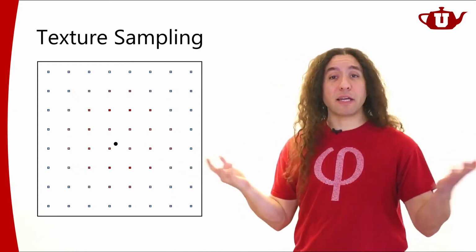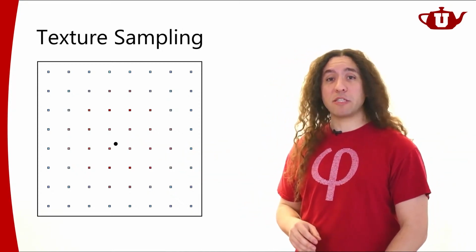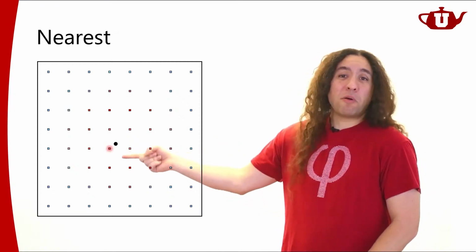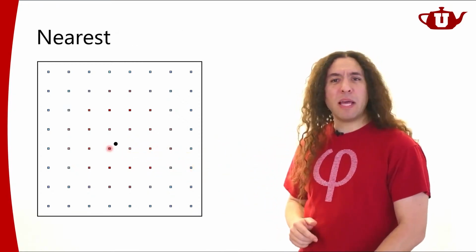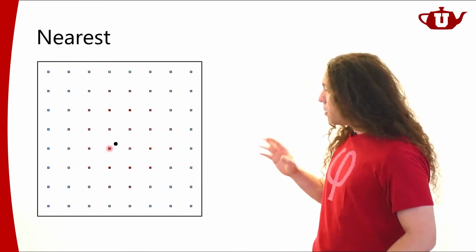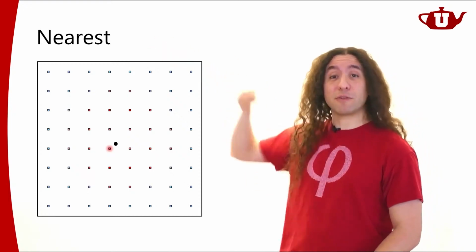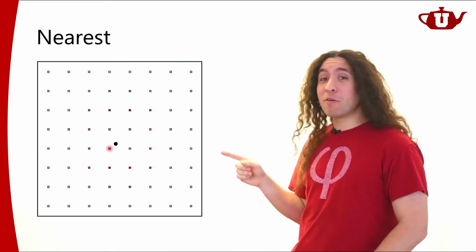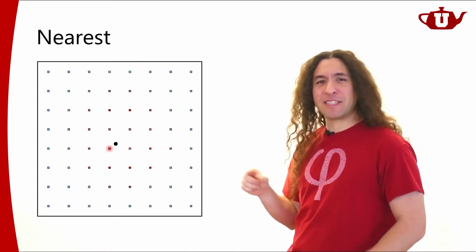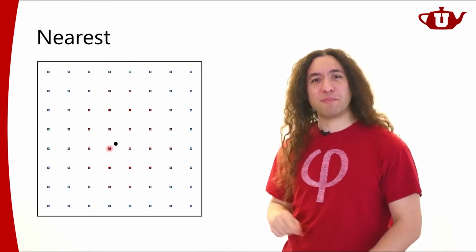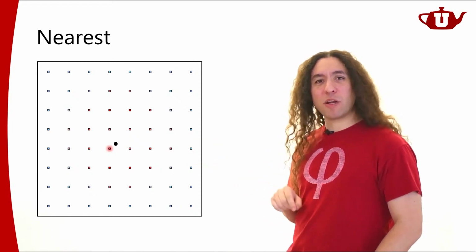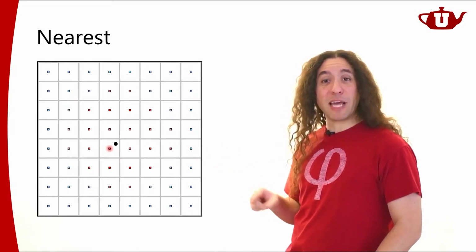So the simplest thing I can do is just look at the closest texel and use that. If you use what we call nearest filtering, it will look like my texels have square shapes, because within a square around each texel I'm going to have the same color.